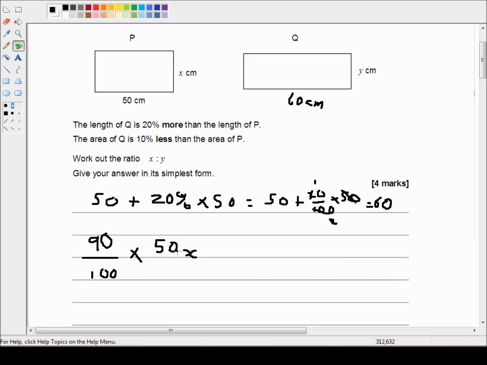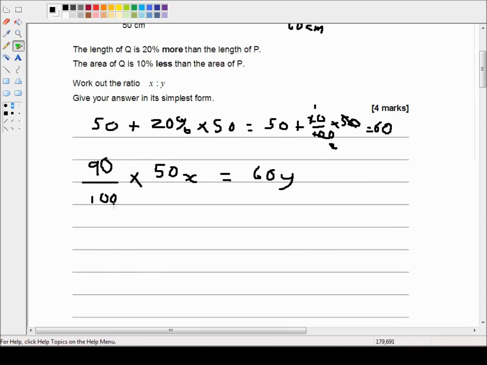So 90% of 50 times x is equal to 60 times y. In other words, 90% of the area of P is the same as the area of Q, because this is 10% less than P.